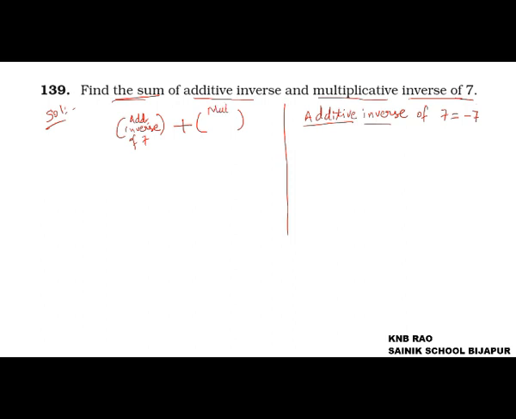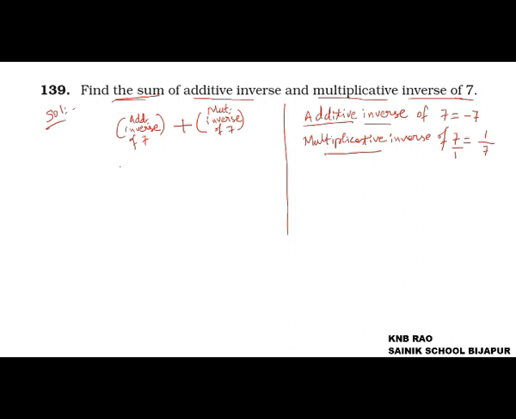First we shall find the multiplicative inverse. How to find the multiplicative inverse of any number? Just making the given numerator the denominator and the denominator the numerator. 7 can be written as 7 by 1. Therefore, we can write 7 by 1 as 1 by 7, which is the multiplicative inverse of the given 7.